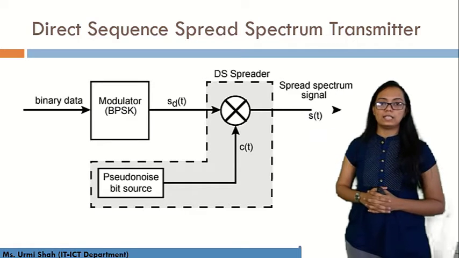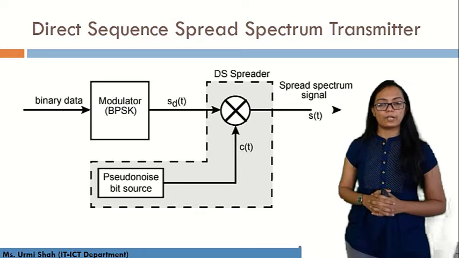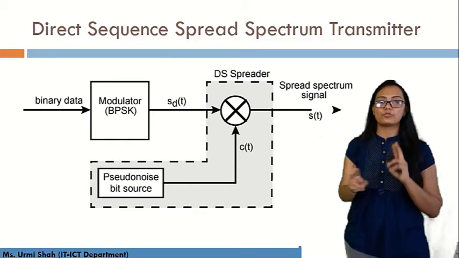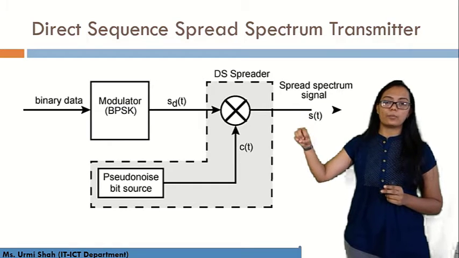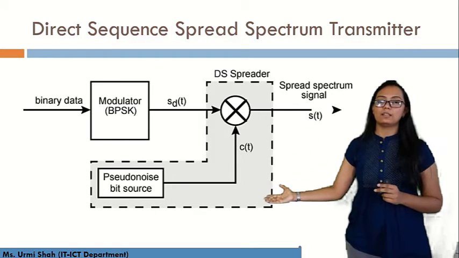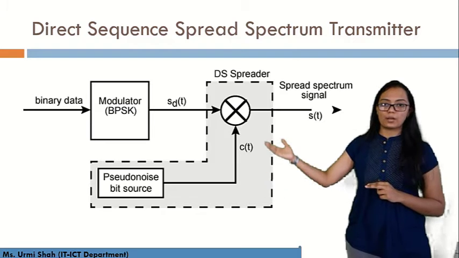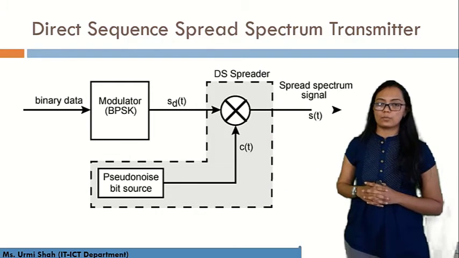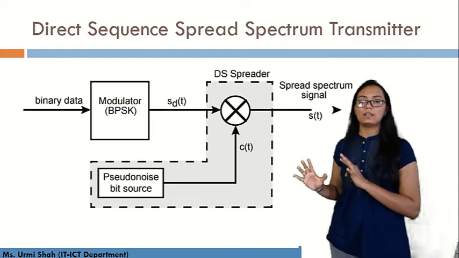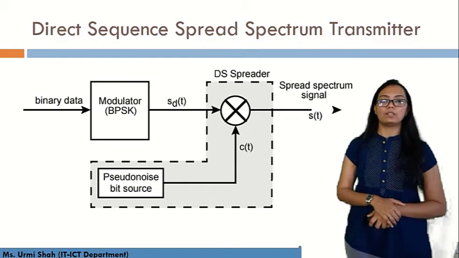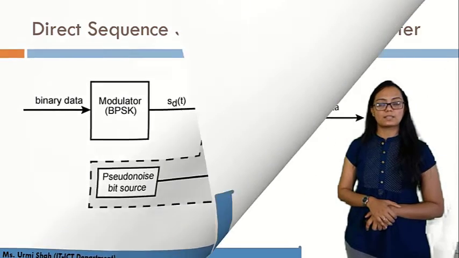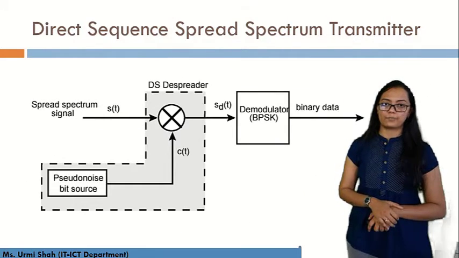Then in the DS spreader, that is the direct sequence spreader, we will have spreading of two signals: Sd(t), the sequence coming from the modulator, and c(t), which is coming from the pseudo noise bit stream. Then the output generated will be the spread spectrum signal, that is s(t).